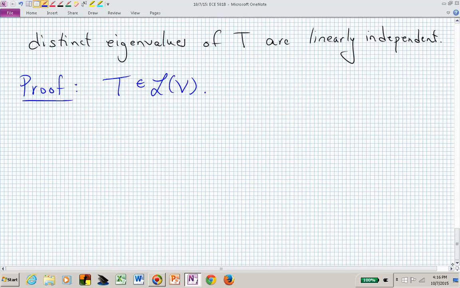We have this linear operator. T is a linear operator on V. Let's assume that we have m eigenvalues, and these are distinct.